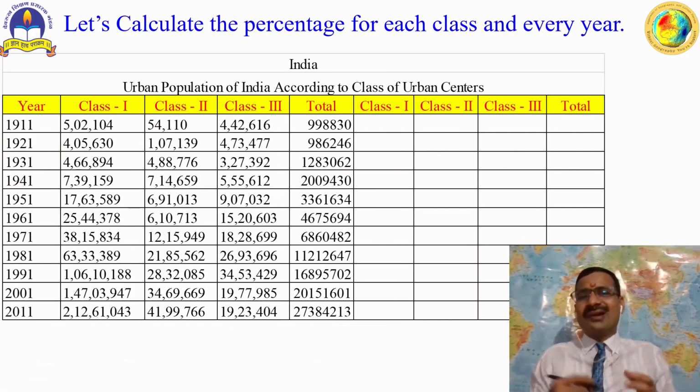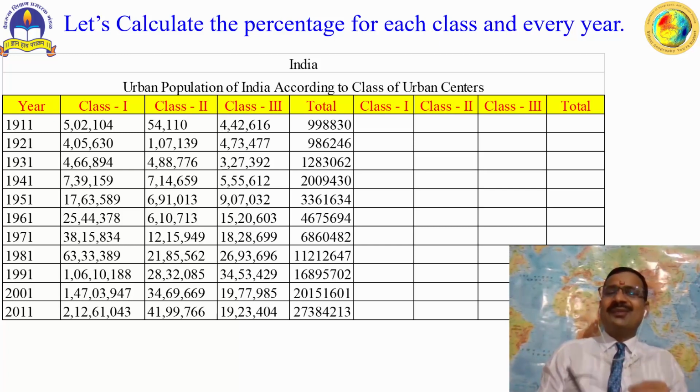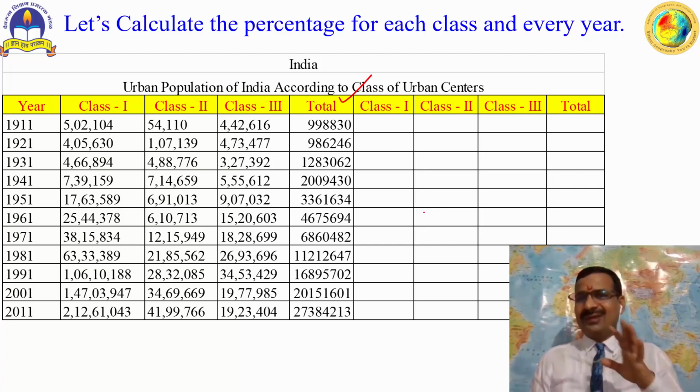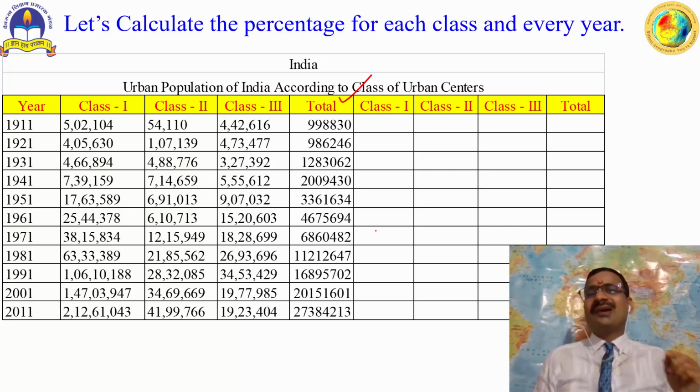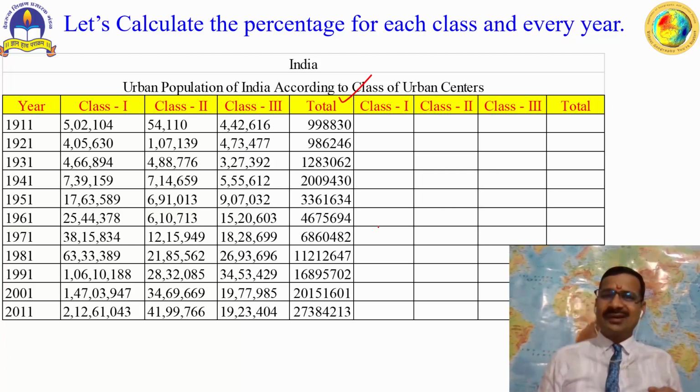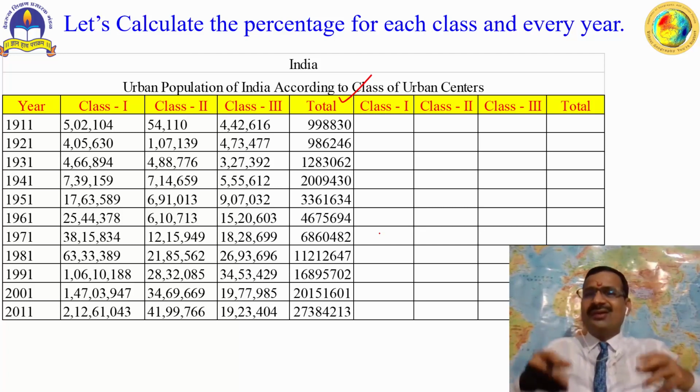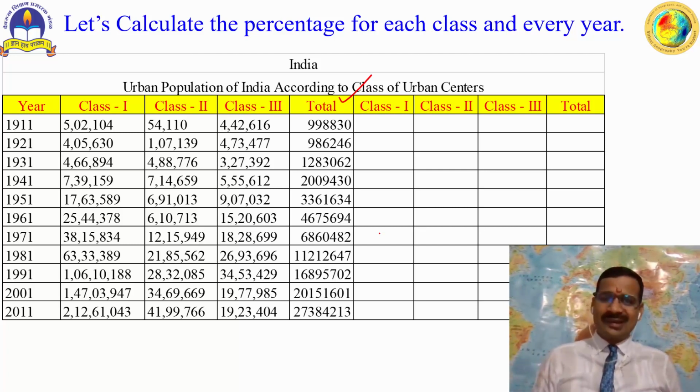Let's calculate the percentage for each class and every year. For that purpose you need to add a column of the total, then three columns for the percentage. Initially you will add the total of the respective row, I mean the respective year, then you will be able to calculate the percentage.